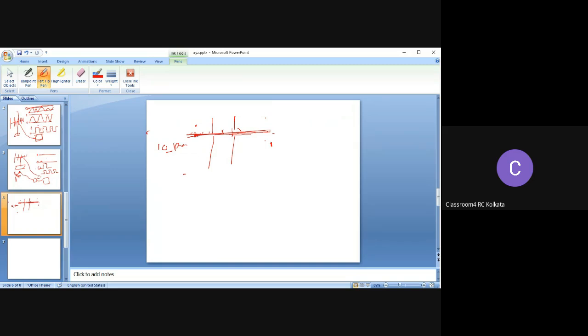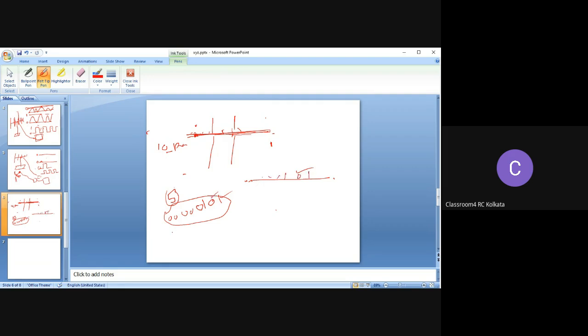For data transmission, only one line for data. If you want to transfer 5, that means binary form 101. If your computer supports 8 bits, then 5 means 00000101. If you want to transmit this data from this place to this place, first 1, then 0, then 1, one by one.